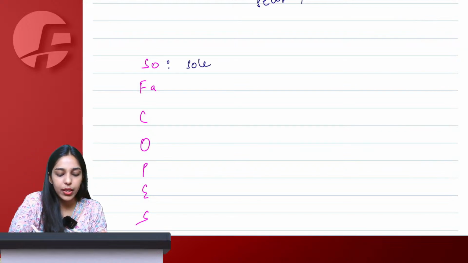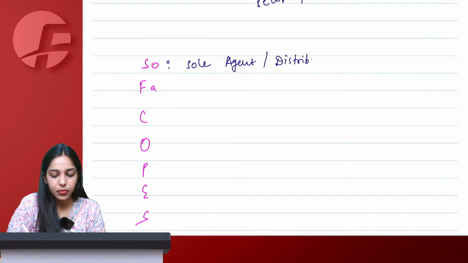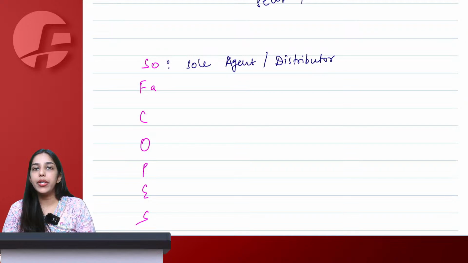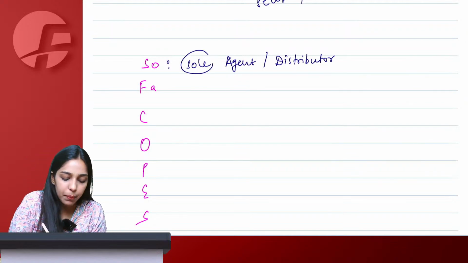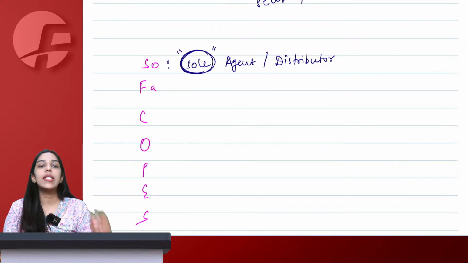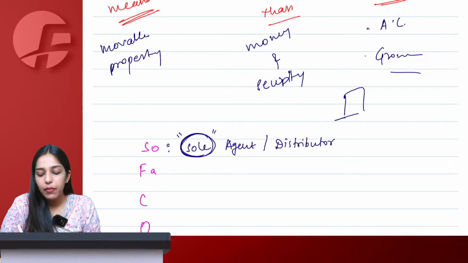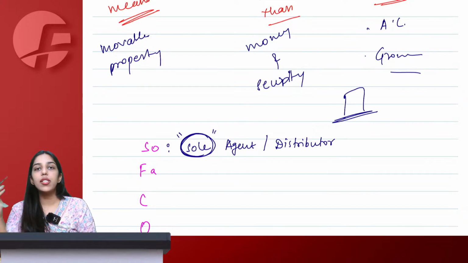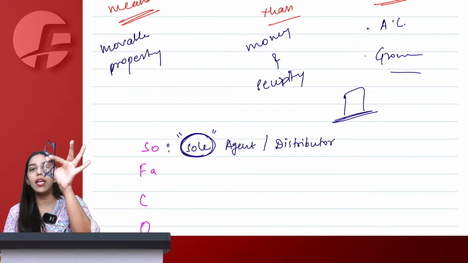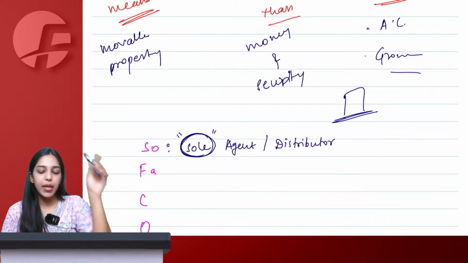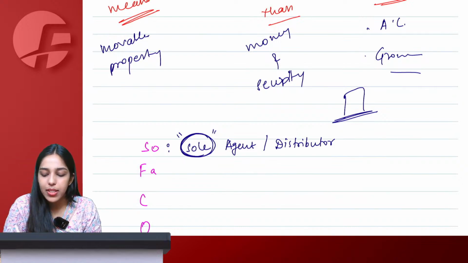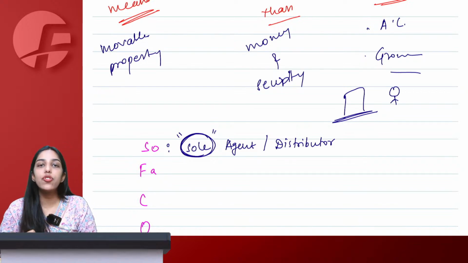S means sole agent or sole distributor. The important word here is not agent. The important word here is sole. See, let's say I have a factory and I manufacture spectacles. Chashme banate hain hum. Now, I have a single agent, a single distributor.